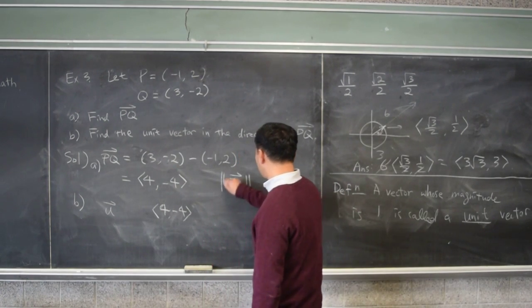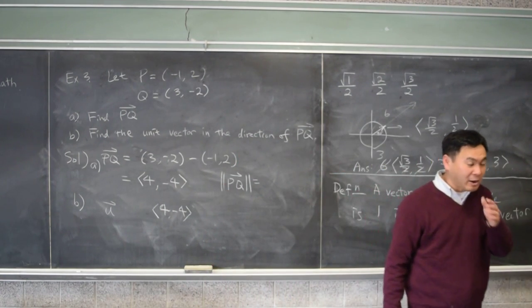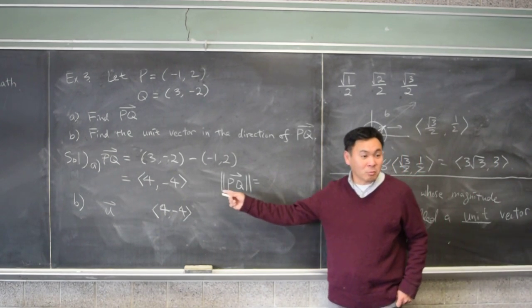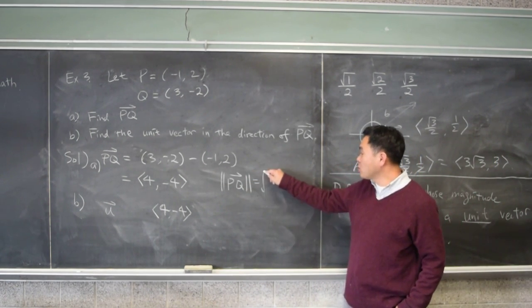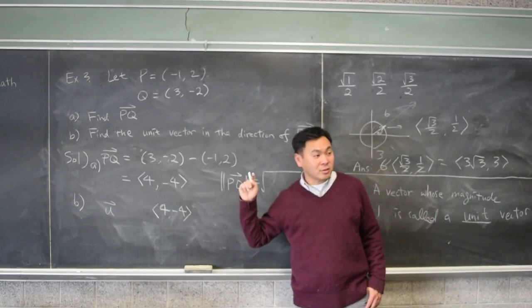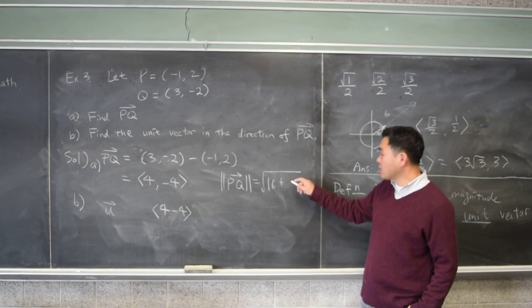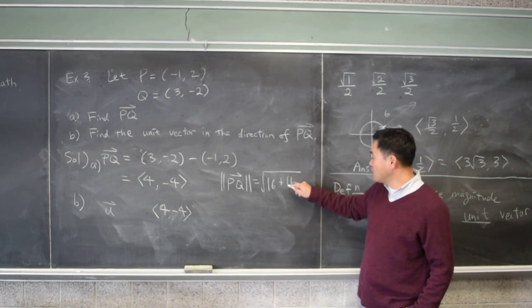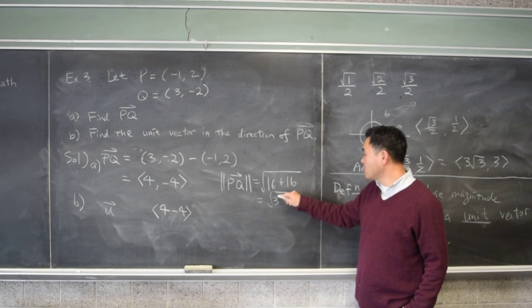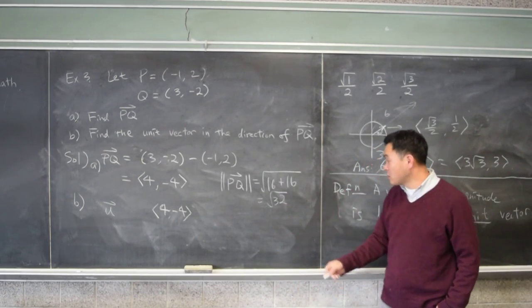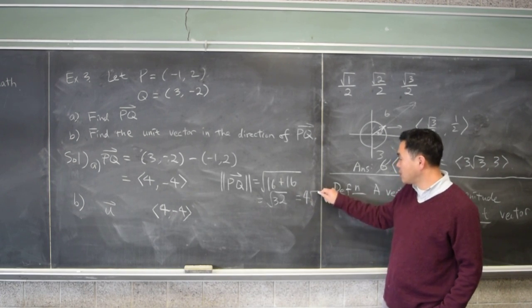What's the formula for magnitude? Square root of 4 squared, which is 16, plus negative 4 squared, which is also 16. So this is square root of 32. 16 times 2, and 16 can come outside of the square root as 4, so it's 4 radical 2, right?